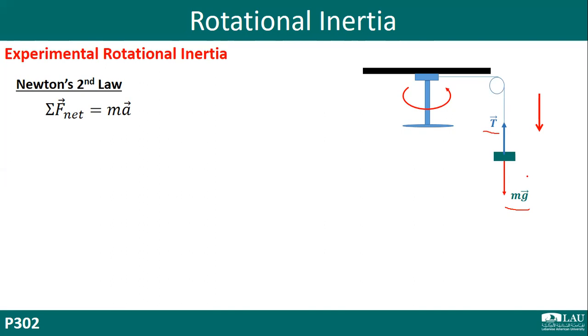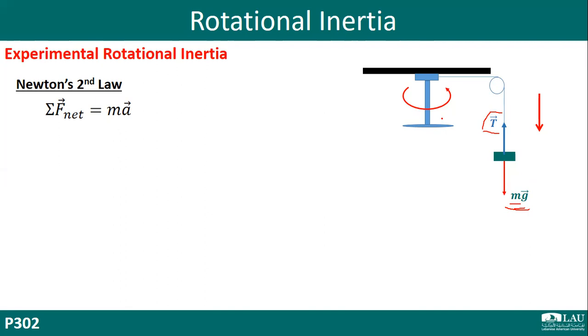By attaching a mass, we have a weight, and with the thread we have a tension. So this tension is simply the applied torque, and due to this tension, we have this rotational motion.